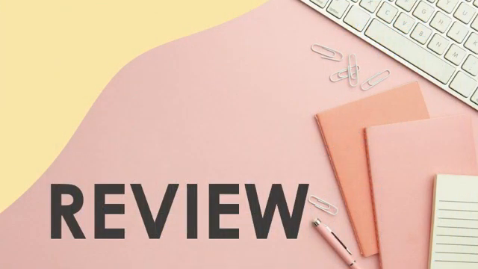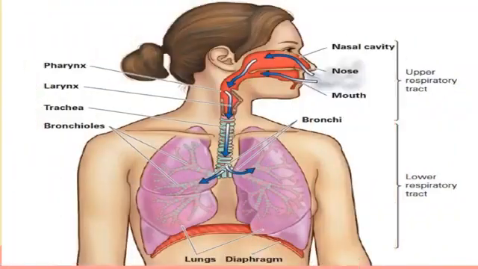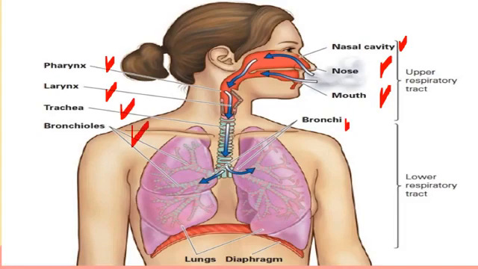Before we proceed to our activity, let's have a review first. Let's review the parts of the respiratory system. We have the upper respiratory system, which consists of the nasal cavity, nose, mouth, pharynx, and larynx. In the lower respiratory tract, we have the trachea, bronchioles, bronchi, the lungs, and the diaphragm.